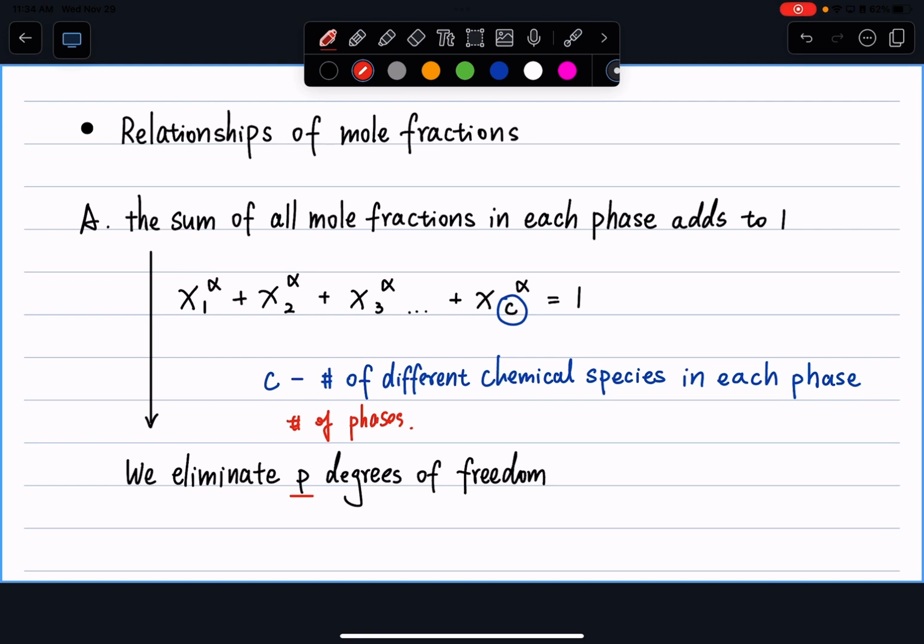Next up, we have the equilibrium condition coming into play. When we look at a mixture that is in phase equilibrium, like a cup of ice water, your ice and water are in phase equilibrium with each other.